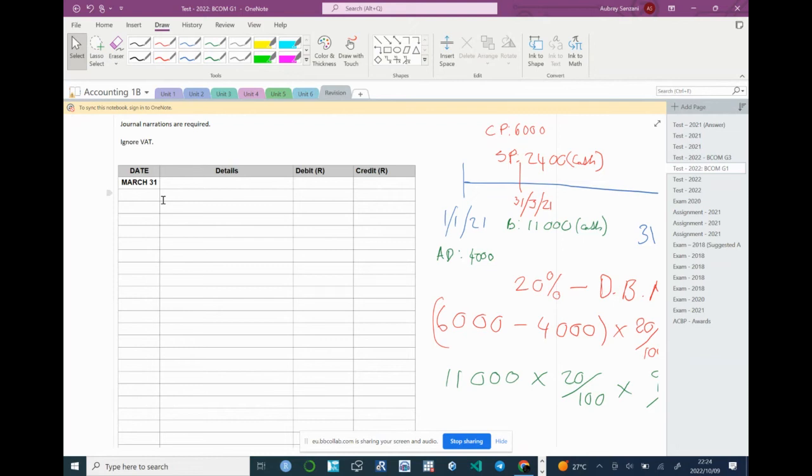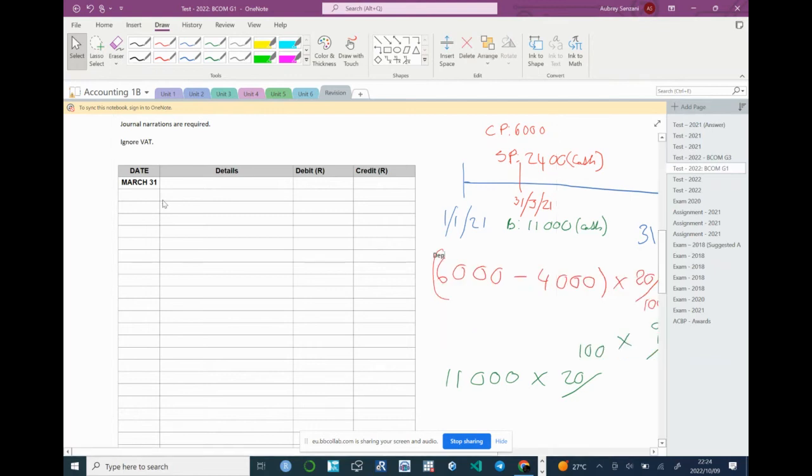Yes, you're going to debit depreciation. I'm just going to write depreciation, and obviously this is on machinery. And then what are we crediting? Accumulated depreciation, and again you're writing machinery.